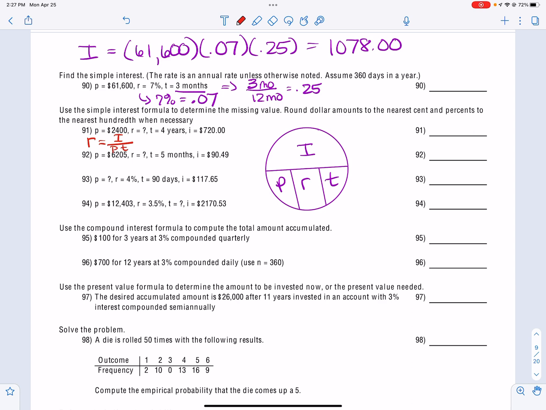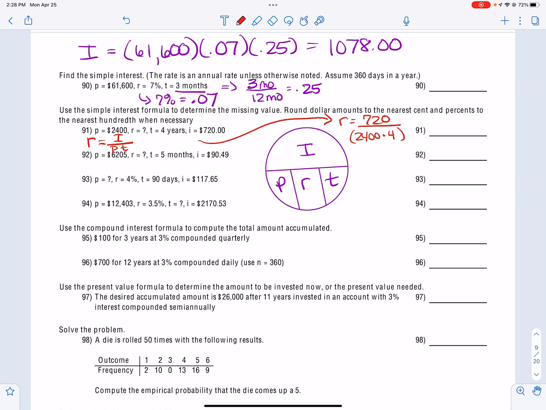And again, time has to be in years, and it is. So I'm going to come over here, I'm going to take the interest of $720, and I'm going to divide it by 2,400 times 4.